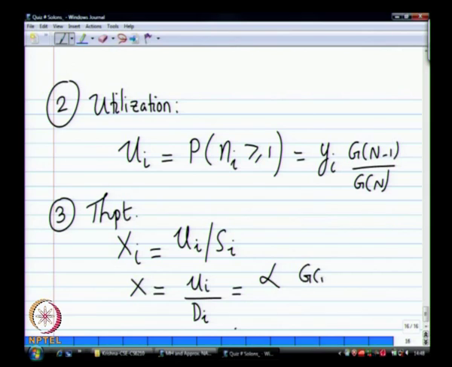Remember y_i is actually alpha into D_i, so y_i is alpha D_i divided by D_i, so it is simply that.